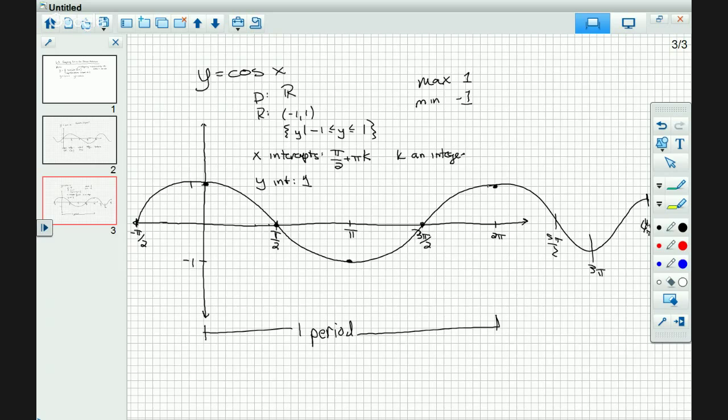What is the x value? Pi, right? Cosine is negative 1 at pi. So that's another question you might need to answer. Let me write your work down and we'll get you going.